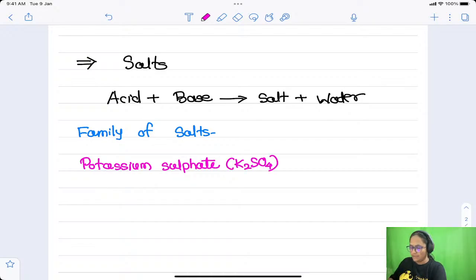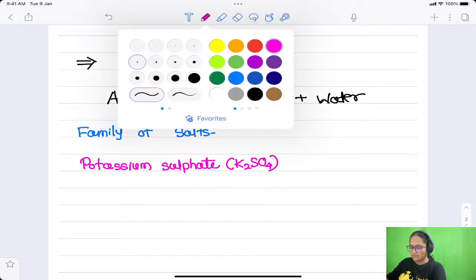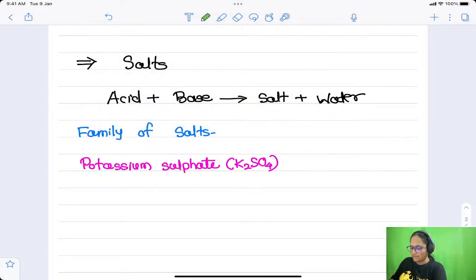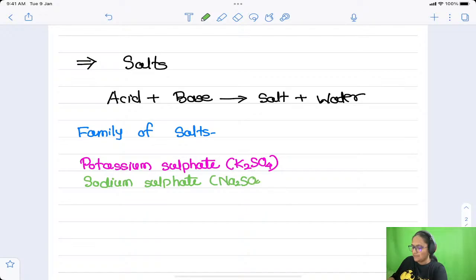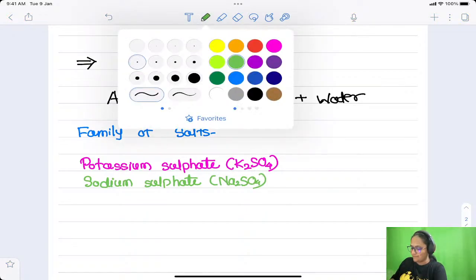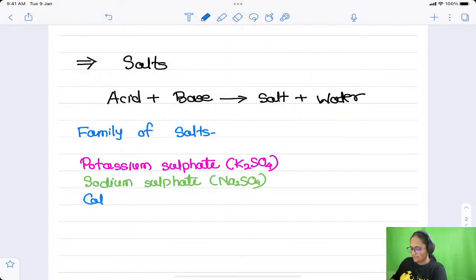Then next is sodium sulfate. Formula for sodium sulfate is Na2SO4. Then calcium sulfate, formula CaSO4.